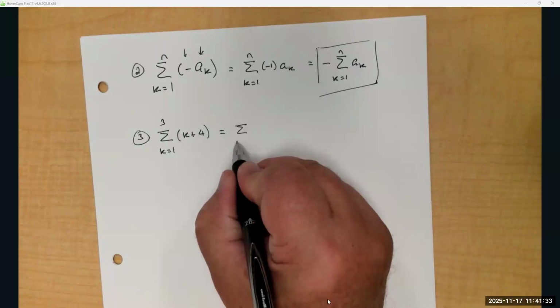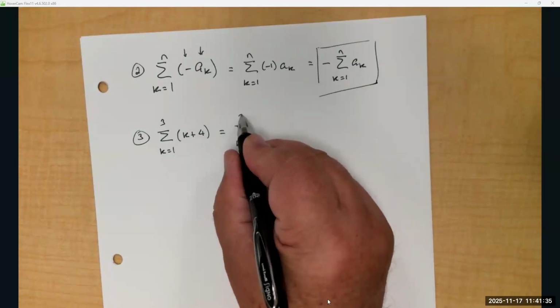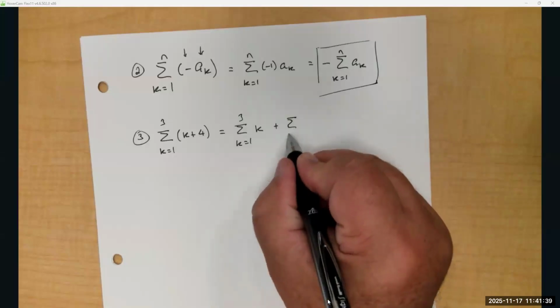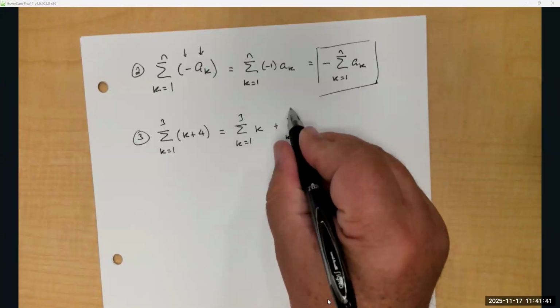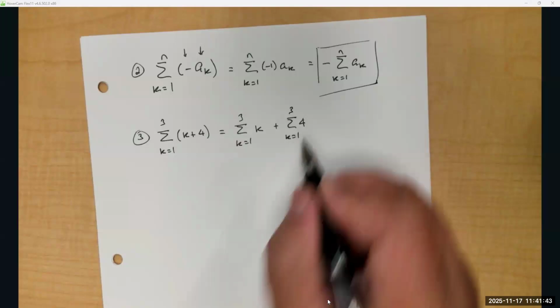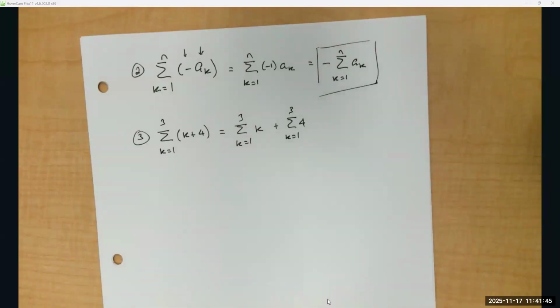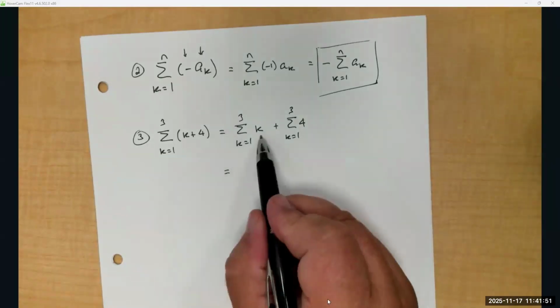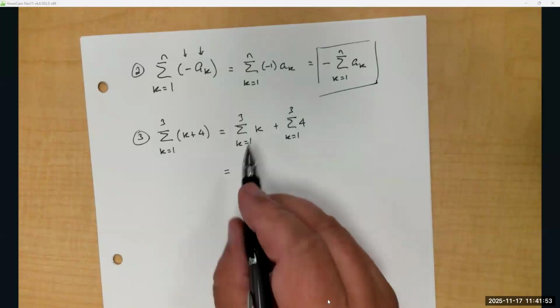The sum rule. So this first part is just K from 1 to 3.